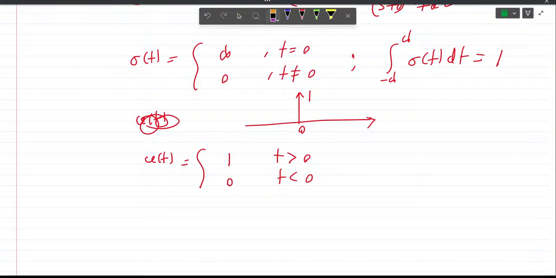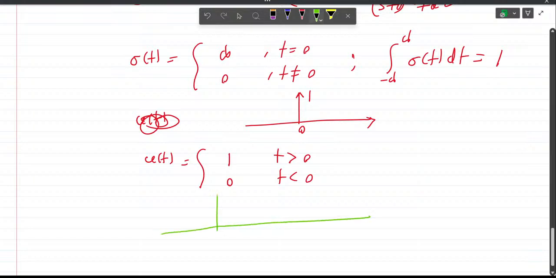And how to represent it graphically? u of t will be represented like this, with t equal to 0. It is a step. Why is it called that? It is a step jump from 0 to 1.